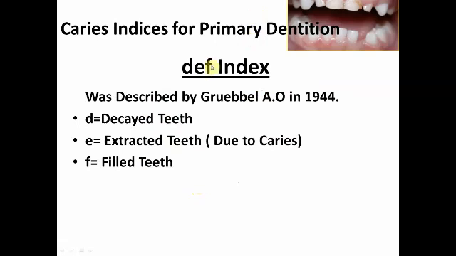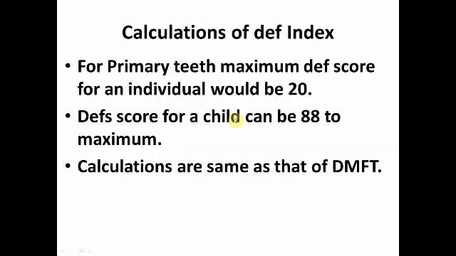For dmft, decay, extracted, filling, this is for deciduous teeth for children. Primary teeth, maximum score is 20. For a child, it is 88 for surfaces.